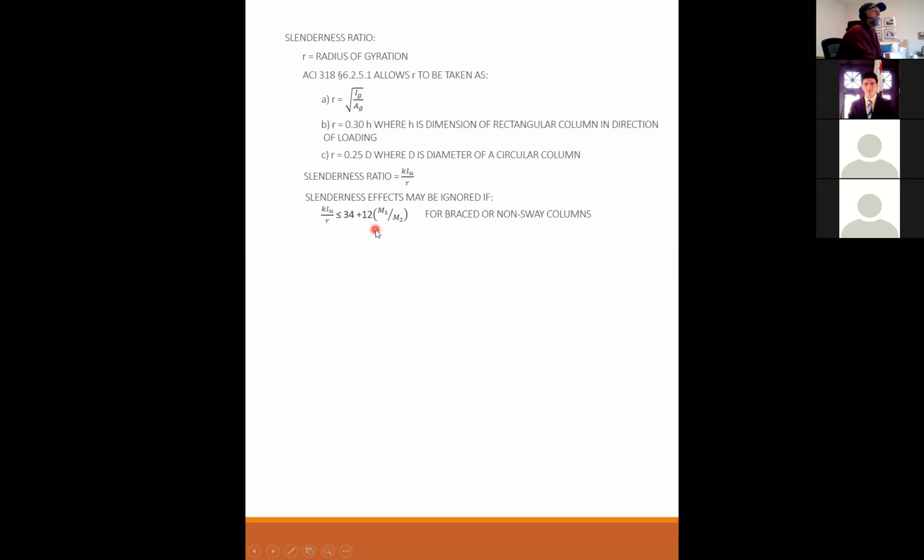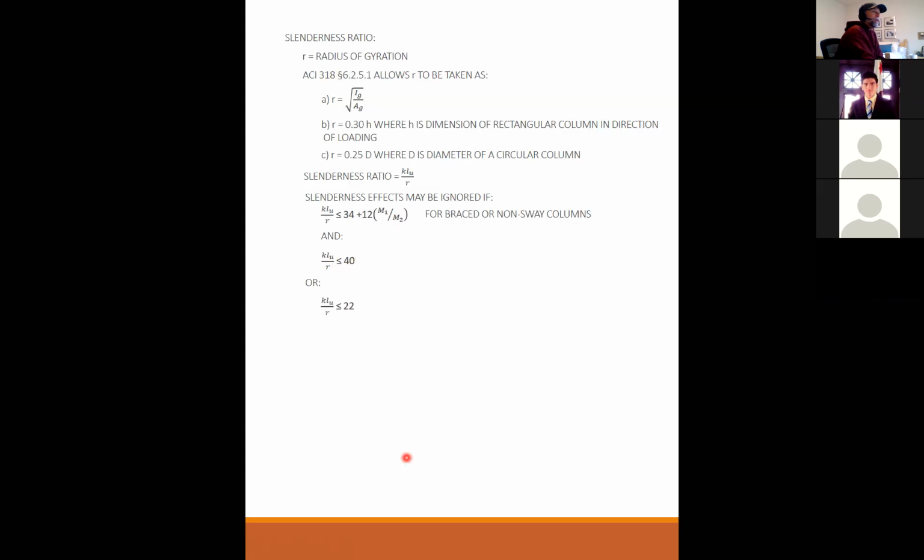Also, make a note: M1 and M2 are the factored moments. We're back to factored moment design. And if it's less than this number and it's less than 40, then you can ignore slenderness if it meets both of these criteria.